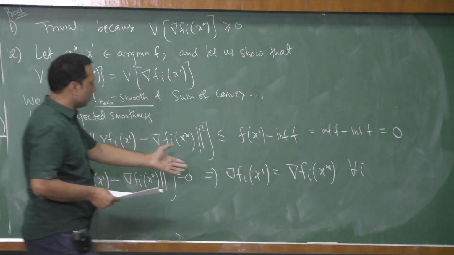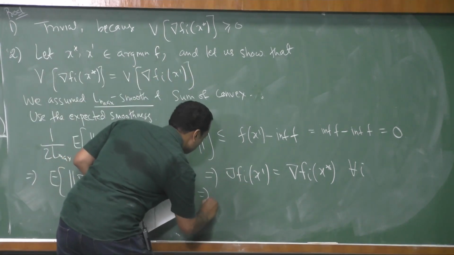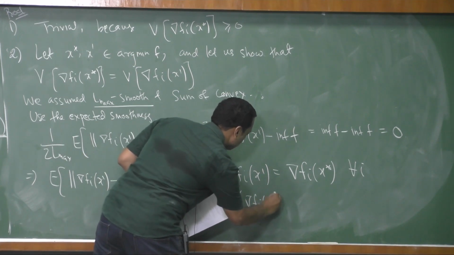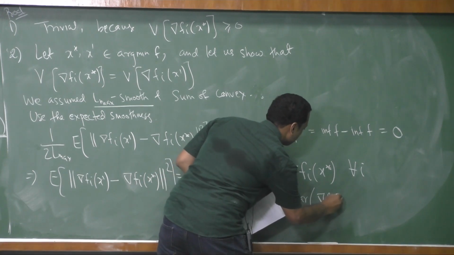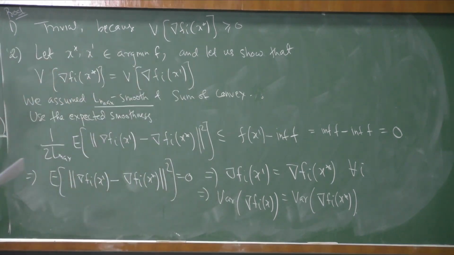So obviously the variance will be equal also. So this implies that the variance of grad Fi x is equal to the variance of grad Fi x bar for all, and that's exactly what we were supposed to prove.